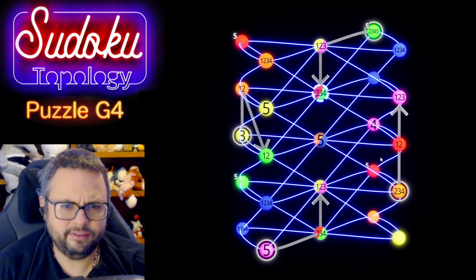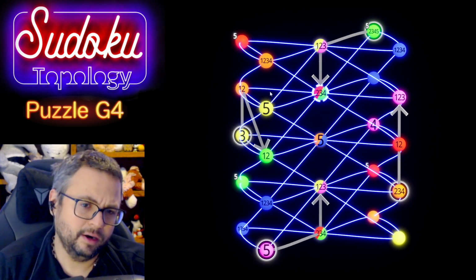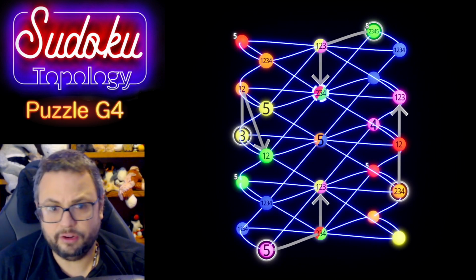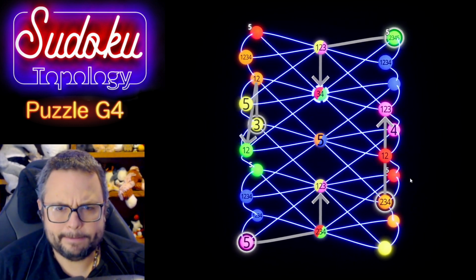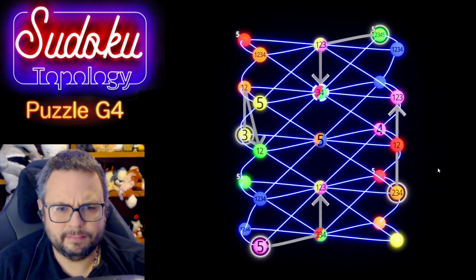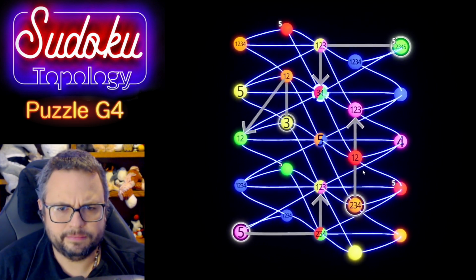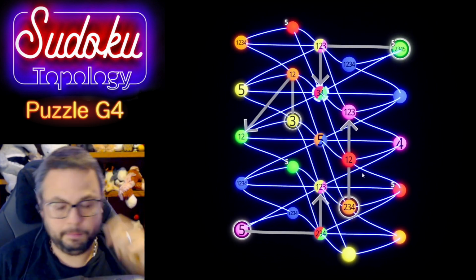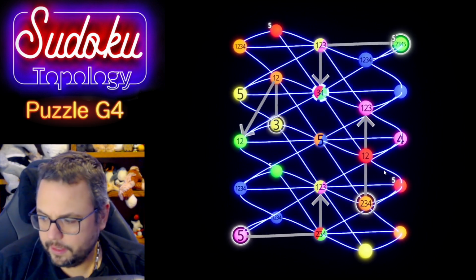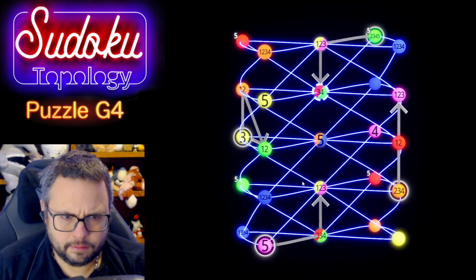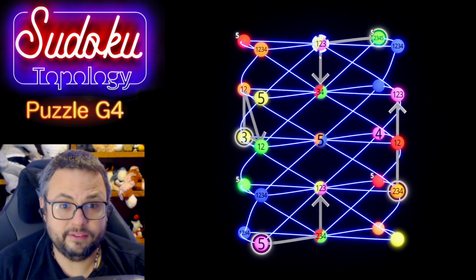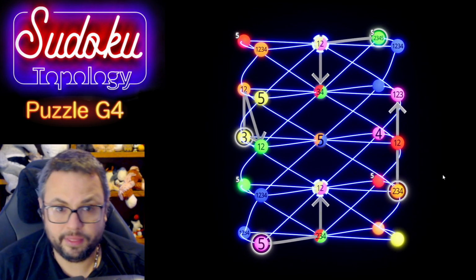Okay, so this sees the 1, 2 pair. So it's not a 2, at least. Let's see, this cell is yellow and this cell's yellow, so they're not 3.